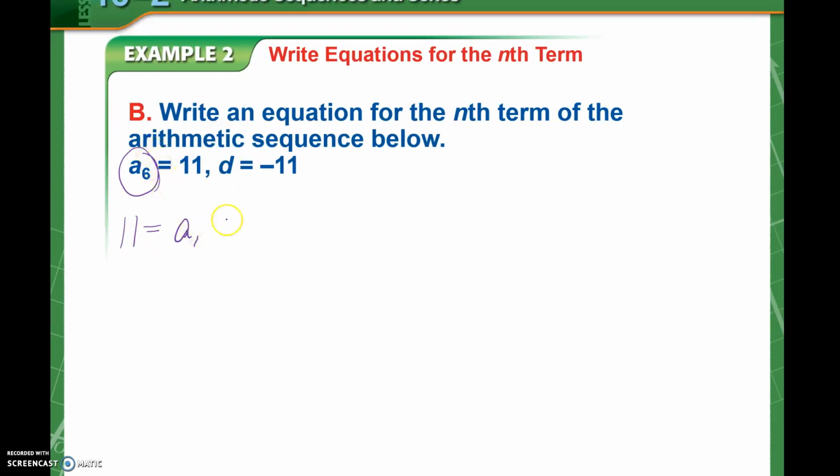So a1 plus n is 6 in this case. That's how they got 11, and my d is -11. So 11 equals a1 plus 5 times -11, -55.